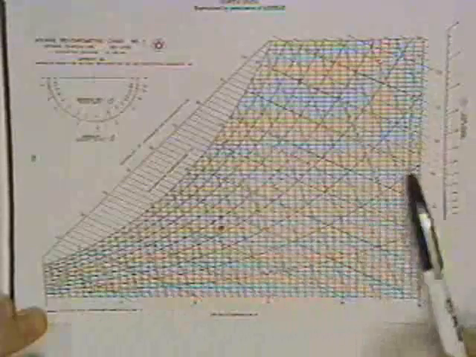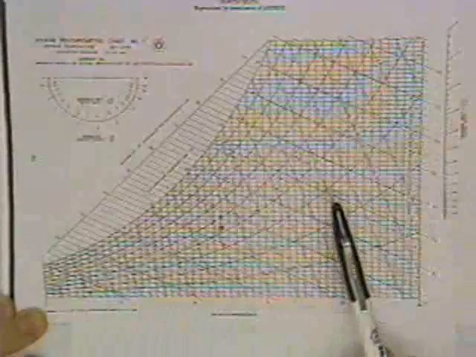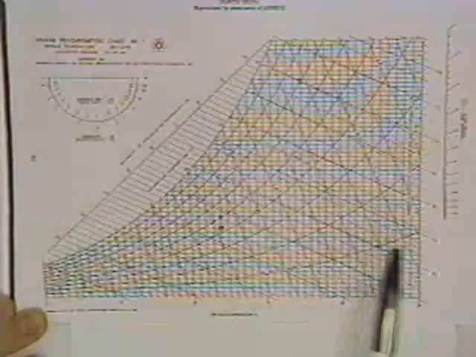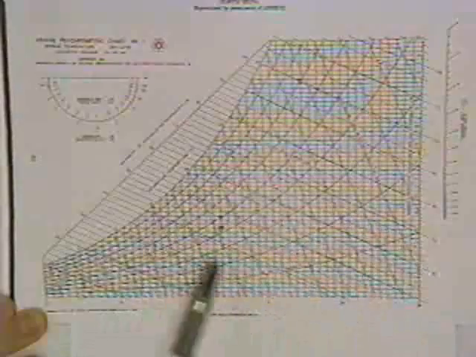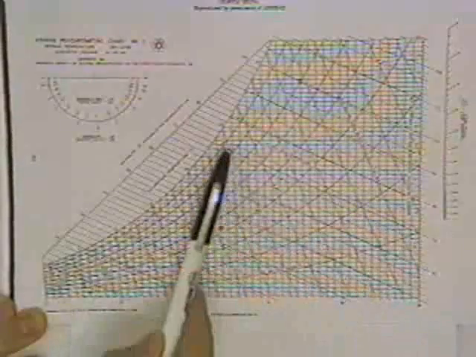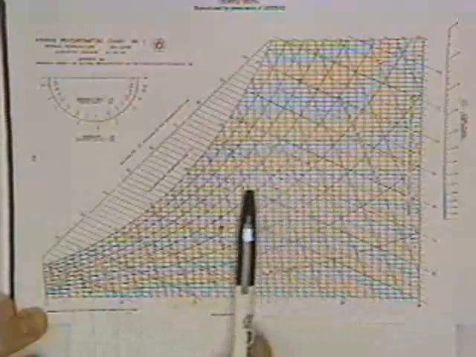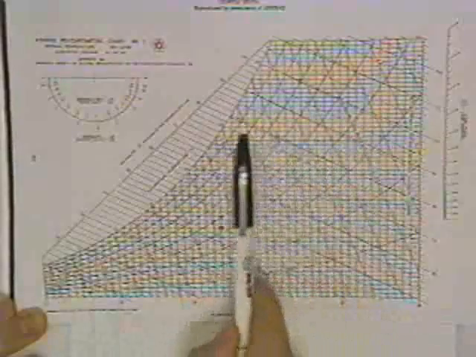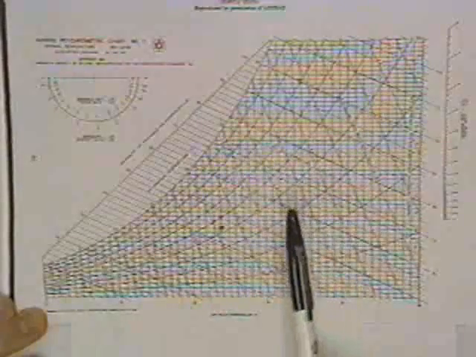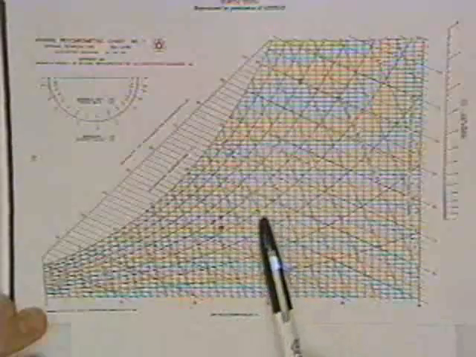Constant relative humidity lines run in these directions. All these curved lines are lines of constant relative humidity. These lines here are the lines of constant wet bulb temperature, and then horizontal lines would correspond to dew point temperatures.